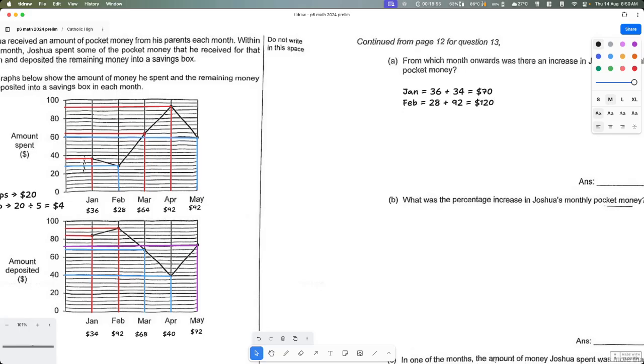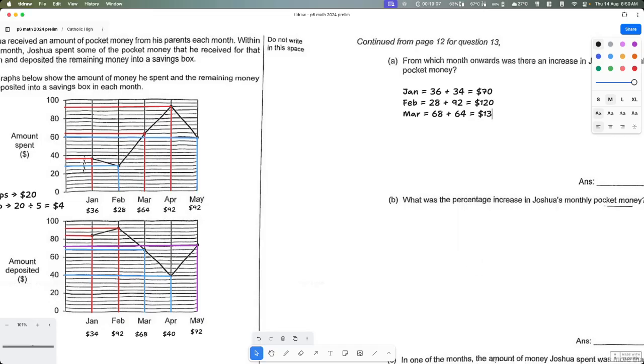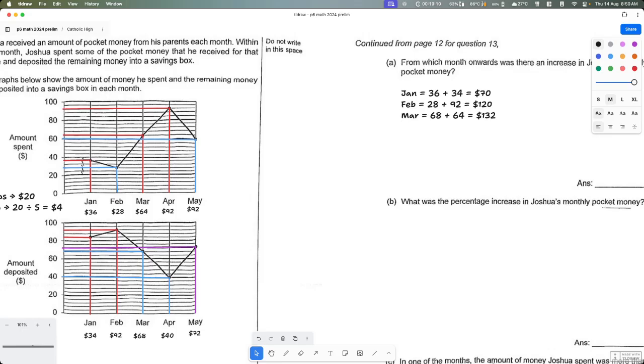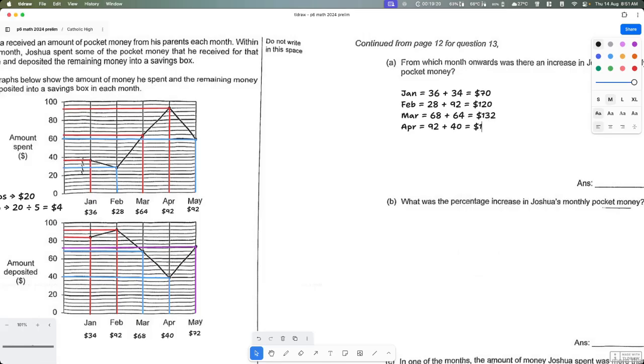And then for March it is 68 plus 64. Let's calculate, 68 plus 64. This is $132. Then April is 92 plus 40. This should also give us $132.